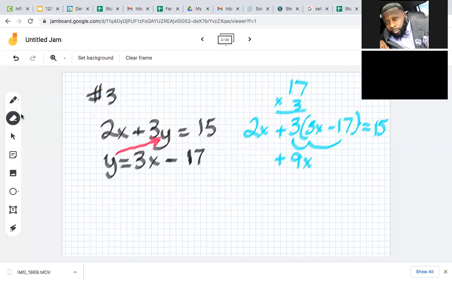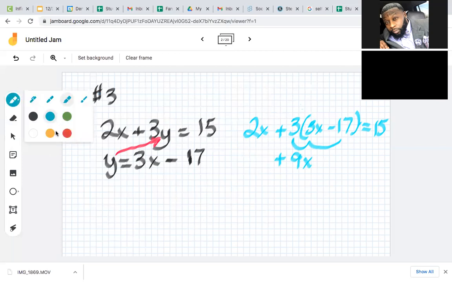Oh geez, that would be 51. You sure? Well, yeah, 3 times 10, then 3 times 7 is 21. So yeah, that's 51. Positive or negative 51? I think that would be negative.